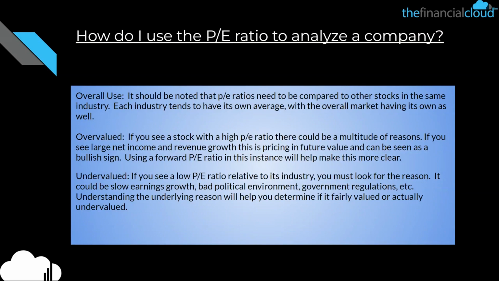Inversely, if you see a low PE ratio, you need to look for a bunch of different things. There could be earnings growth slowing. There could be some sort of government regulations that are holding it back. Could be international politics. Maybe they do business overseas and are affected by international regulations as well.